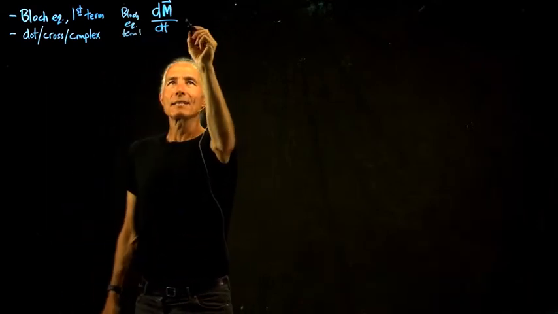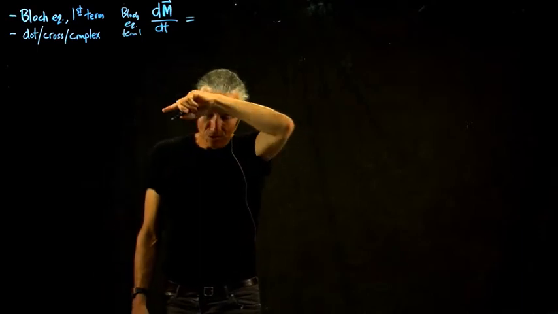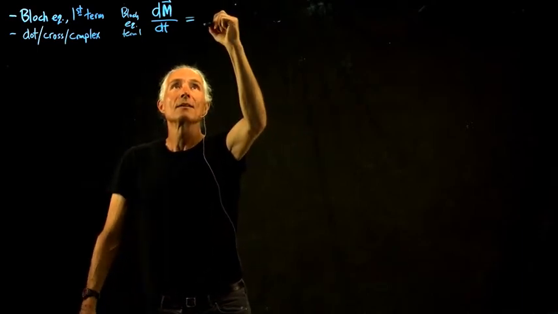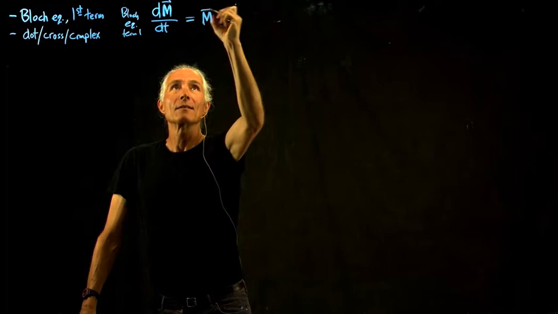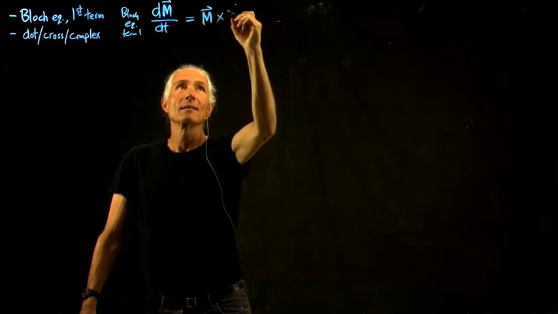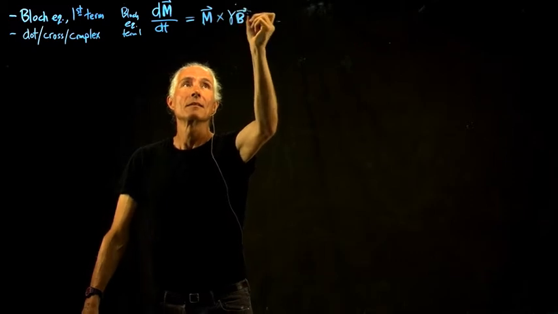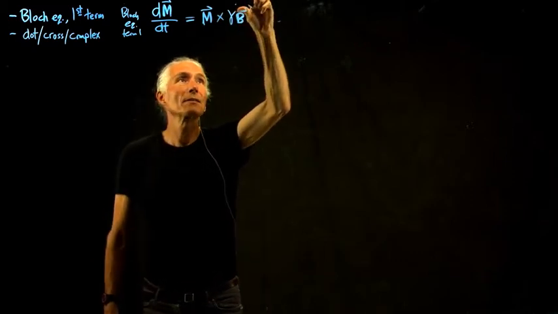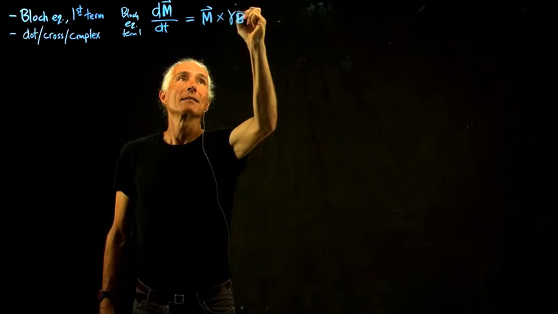That is equal to the current state of the magnetization vector cross-producted with this thing. What is that thing? That's the B vector multiplied by the gyromagnetic ratio.